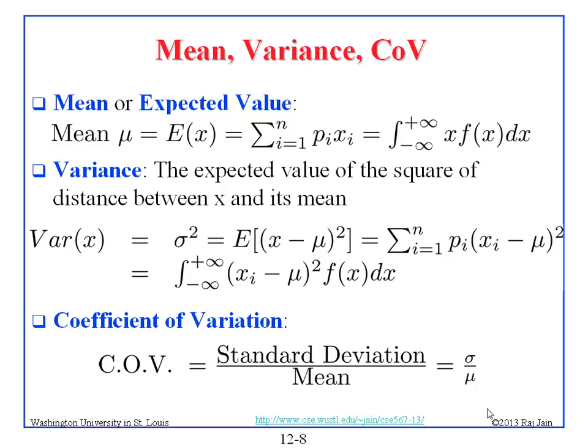Now, generally in our work, we prefer coefficient of variation to variance, and we prefer coefficient of variation to standard deviation. Let me tell you why. Suppose x is in instructions per second, IPS.